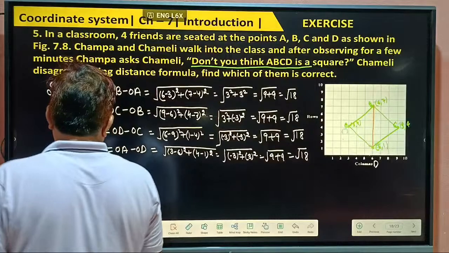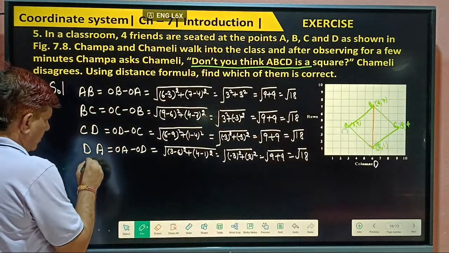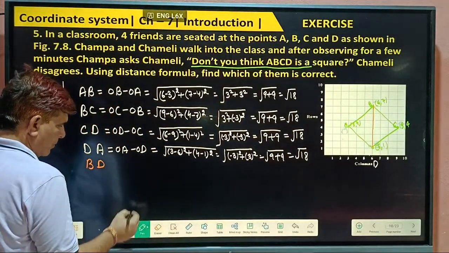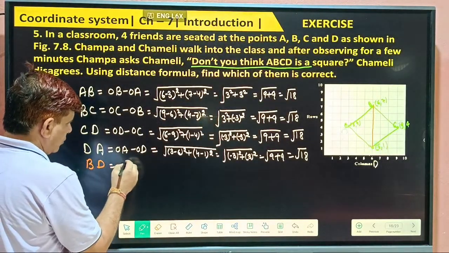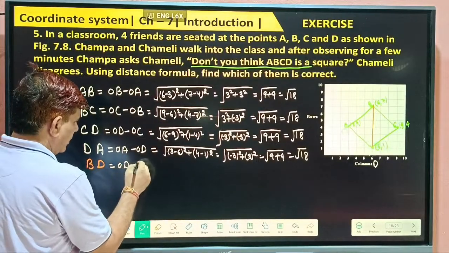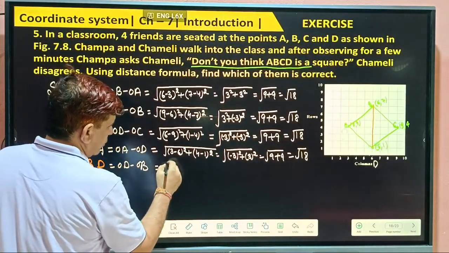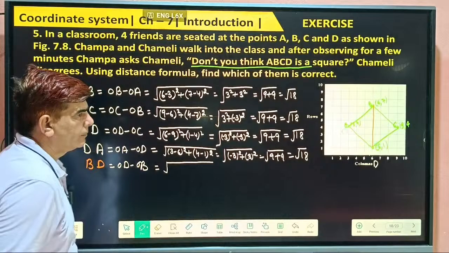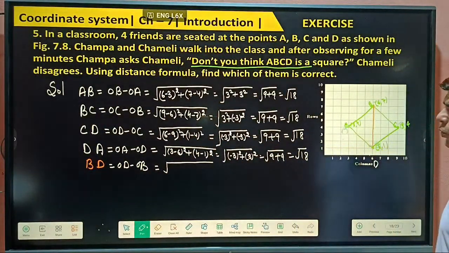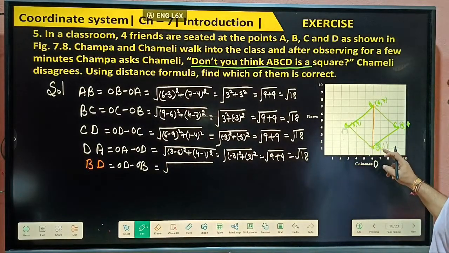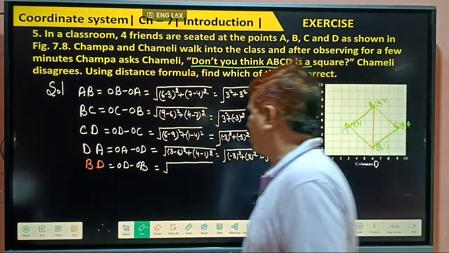This is given in your example also. BD equal to OD minus OB. OD is what? 6 minus 6, 0.